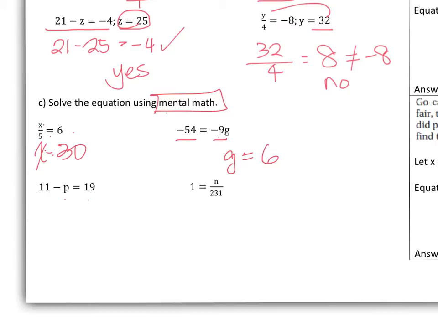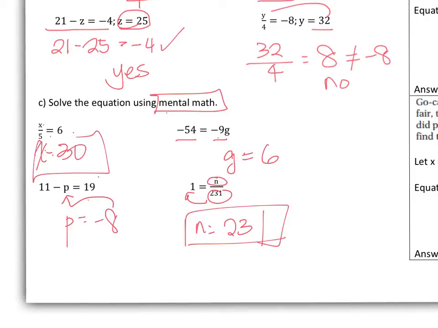So what should p equal? P should equal negative 8, because if you substitute negative 8 in for p, you get positive 8. Positive 8 plus 11 gives you 19. And this one, n equals 231. A number divided by itself gives you 1. Let me box all my answers.